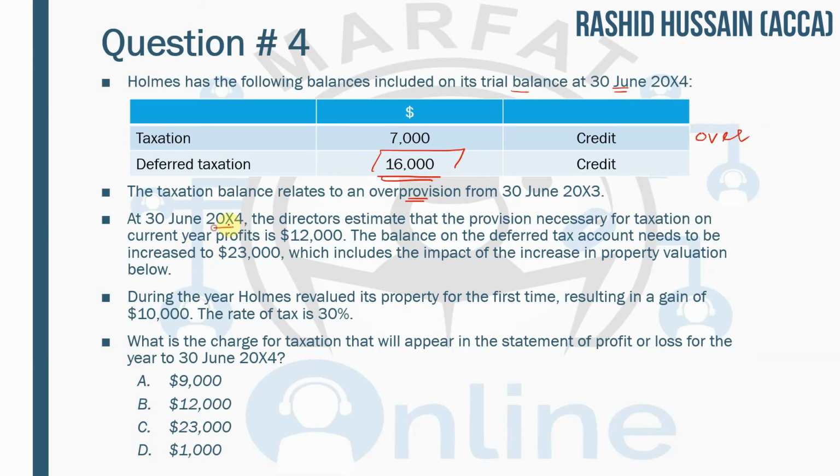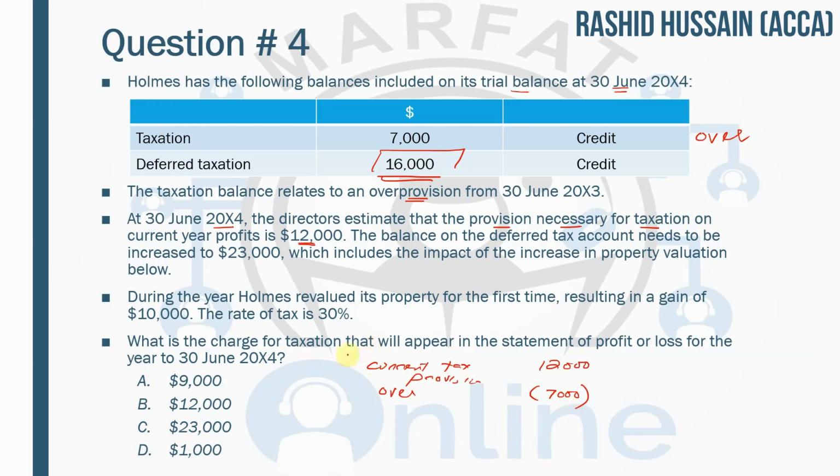At 30th June 20x4, the directors estimate that the provision necessary for the taxation on the current year profit is 12,000. So we can simply write current tax provision, which is the tax provision for the current year, is 12,000. Over provision will decrease the tax charge, that is 7,000.